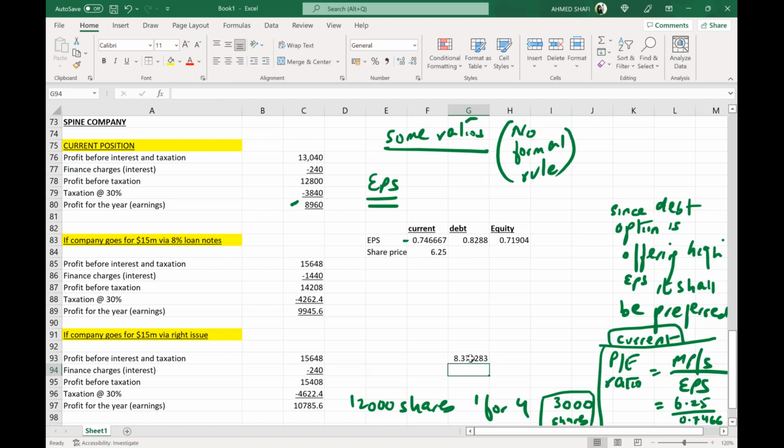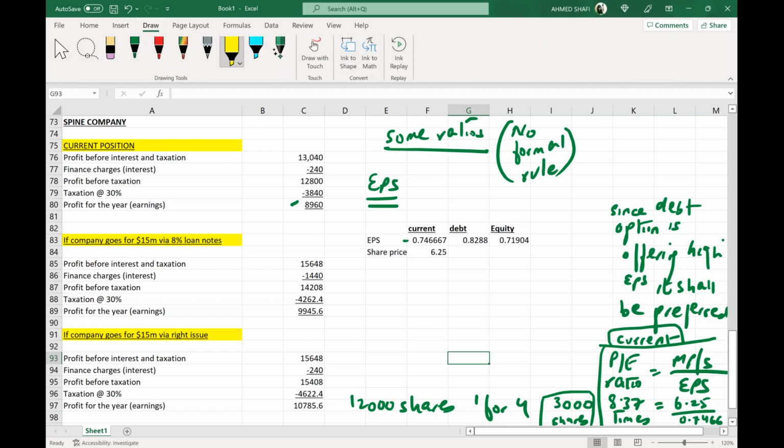It's 8.37 times. Now, if you raise finance via debt or equity, that doesn't change the PE ratio. So if I assume in debt that the PE ratio remains the same, 8.37, I need to find the share price after debt.